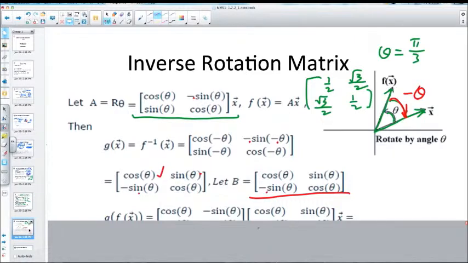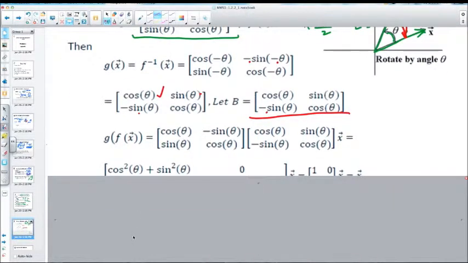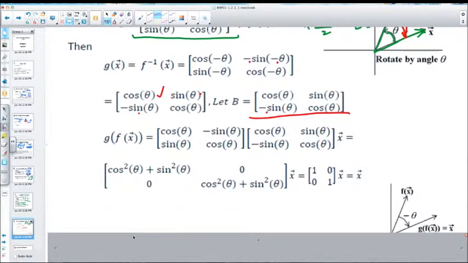Well, if you want to check, multiply these two matrices. What are you going to get? You should get, by definition, the identity matrix. Let me check a few things. Cosine times cosine, you multiply this, cosine squared plus sine squared, which is 1.